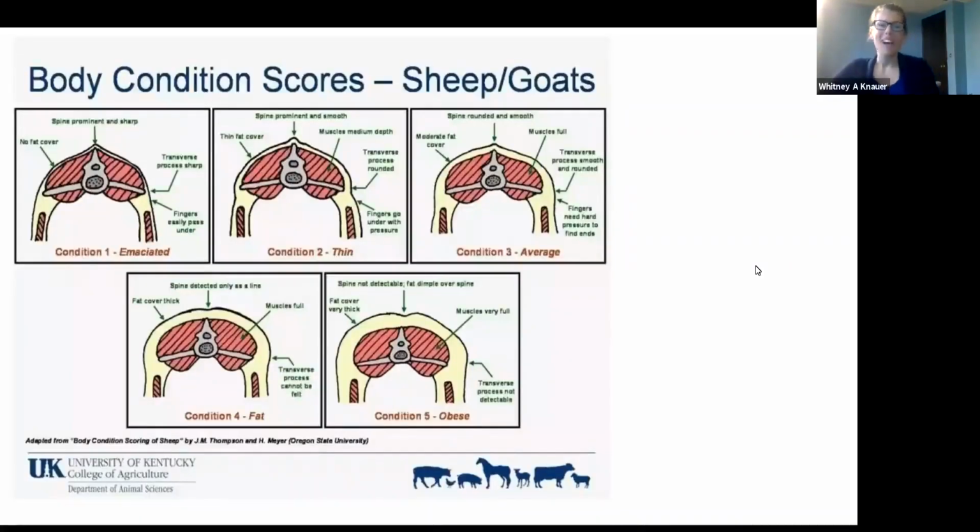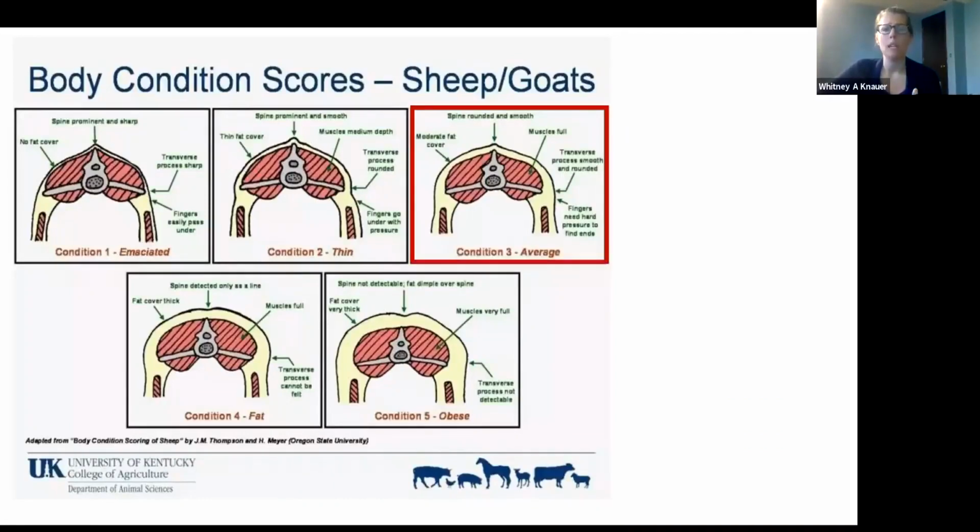And then, of course, body condition scoring, always important. So this is the University of Kentucky. This is their beautiful body condition scoring for sheep and goats card. And in general, this is a measure of subcutaneous fat in the animal. And remember those worms that are affecting digestion, those animals are potentially going to lose some weight.